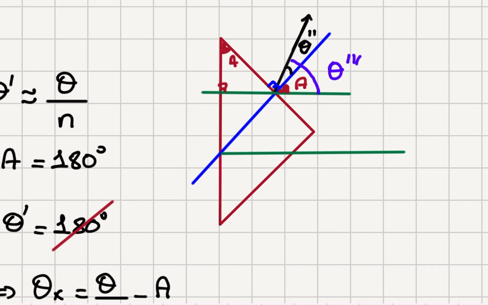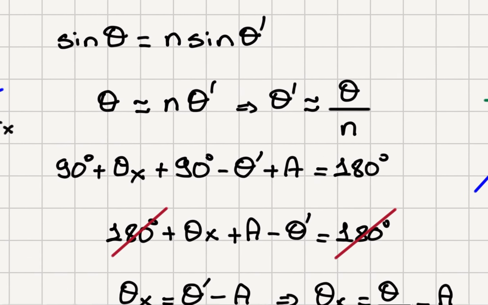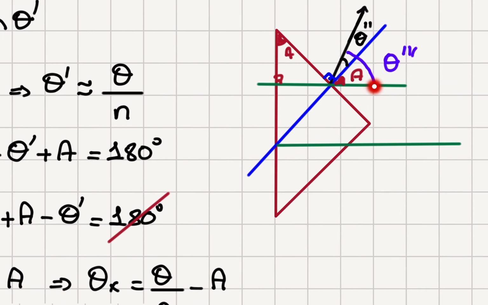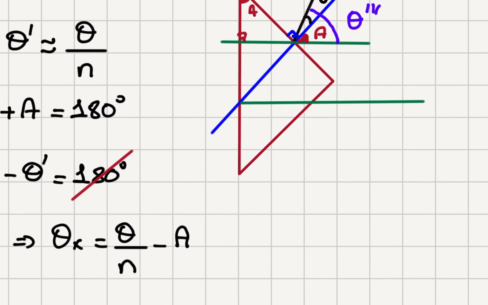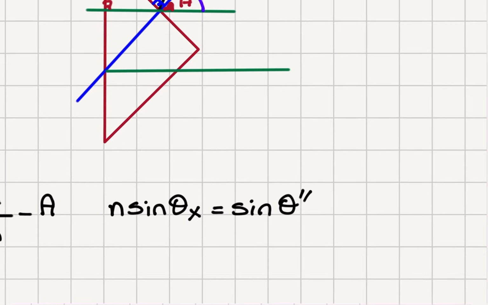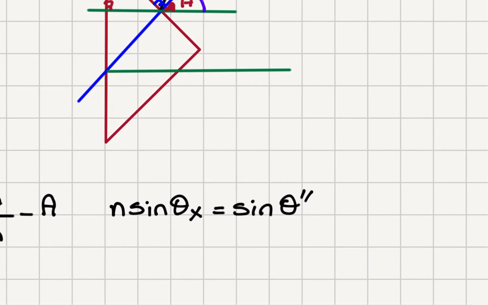If I write Snell's law at this interface, the incoming ray makes an angle theta x with respect to the normal, and the outgoing ray makes an angle theta double prime with respect to the normal. I'm going to have n times sine theta x equal to sine theta double prime. Once again, since the angles are small, I can replace sine theta double prime with theta double prime.